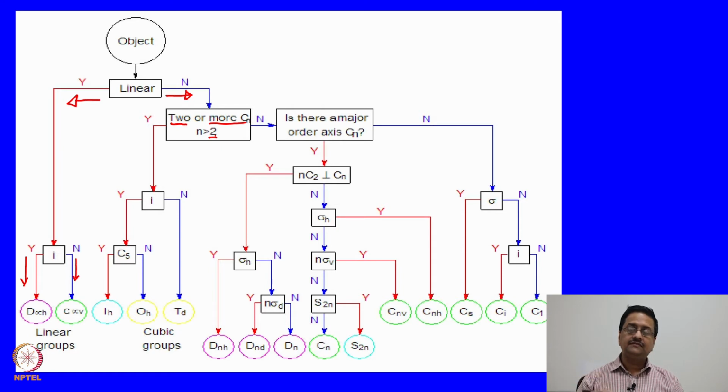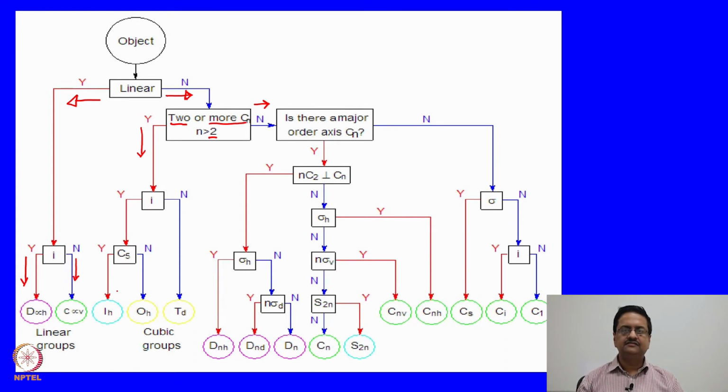If the molecule has two or more such axes, like more than two C3s or more than two C4s and so on, and the answer is yes, you move down along the left-hand side. If the answer is no, you go towards the right, and then we slowly go and find out the point group.